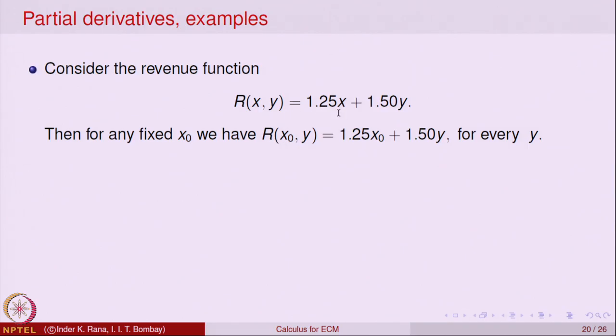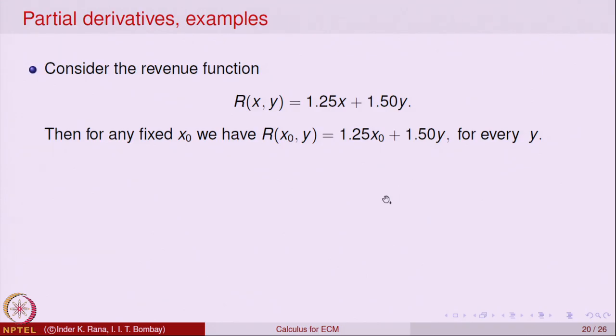Then for any fixed value of x equal to x 0, the function is 1.25 x 0 plus 1.5 y. With x equal to x 0 fixed, this is the value of the function of two variables when y is allowed to vary. Now, x 0 is fixed, so this quantity is a constant as far as the variable y is concerned. So, this is only a function of one variable.